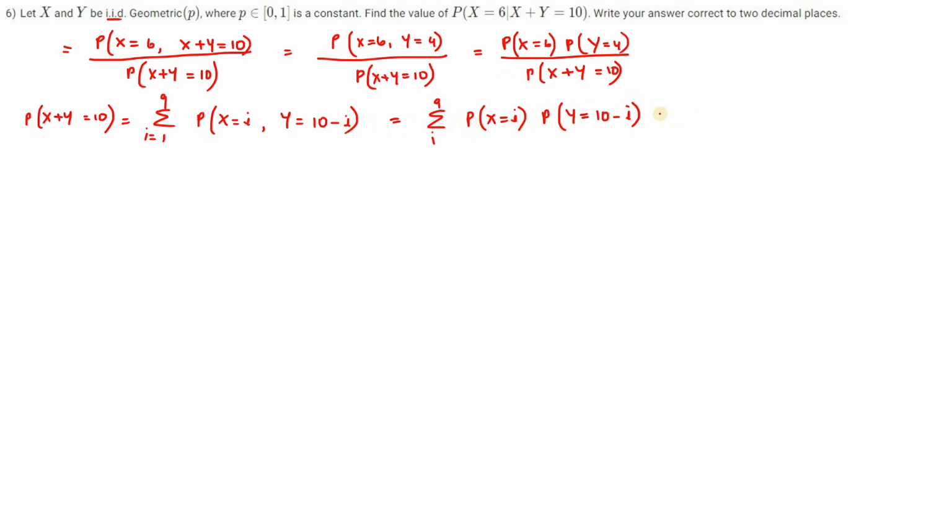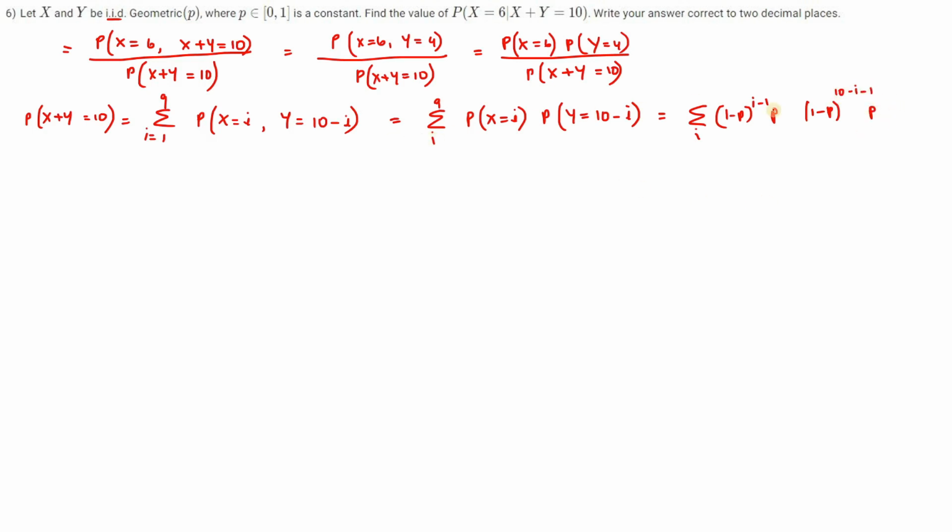And now I'll just apply the formula: sigma over I, that is 1 minus p whole to the power of I minus 1 into p, into 1 minus p whole to the power of 10 minus I minus 1 into p.